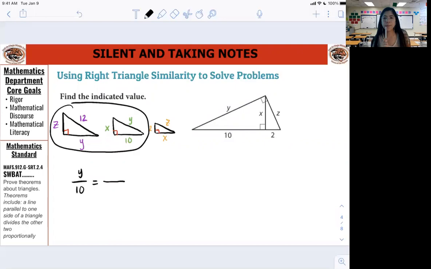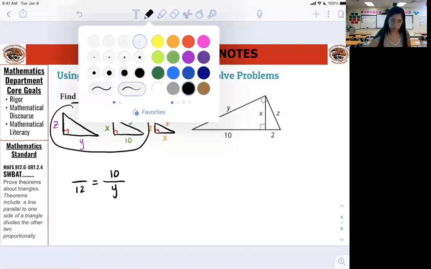Y over 10. Well, if I have Y over 10, what else can I set up which will help me get another Y in there? Oh, Y over 12, I'm sorry. Y over 12. Okay. Y over 12, and then on the other side, oh, Janelle has it, 10 over Y. So notice how I did this, and I can color code it too, because I know I have several different variables here.